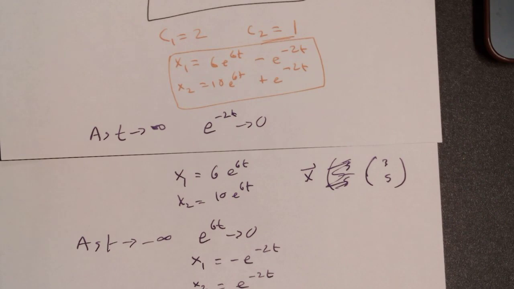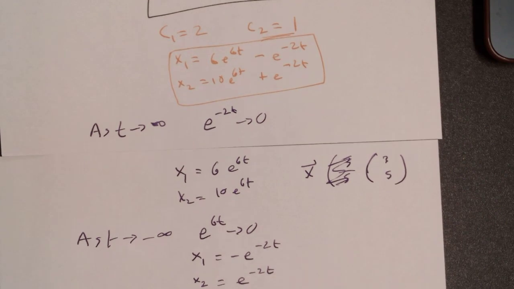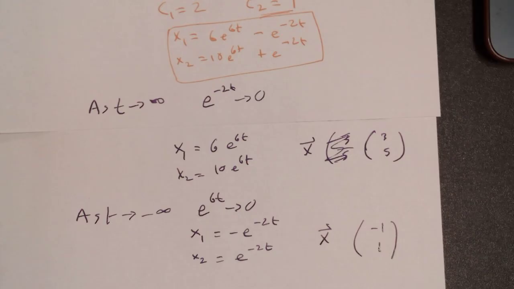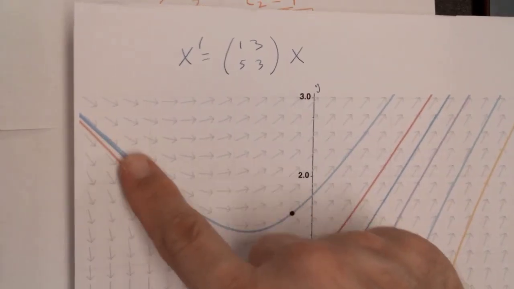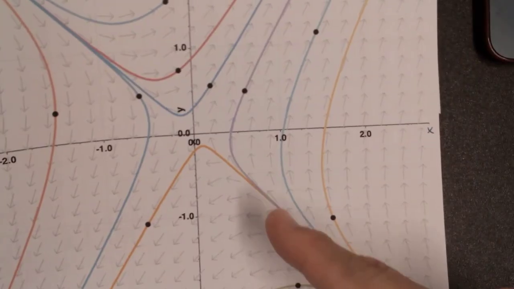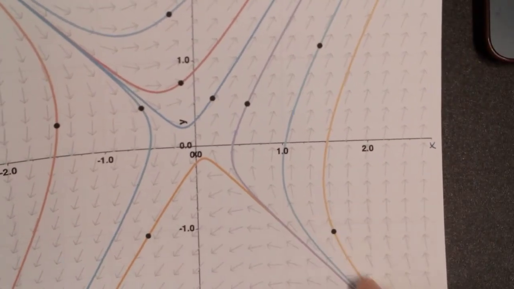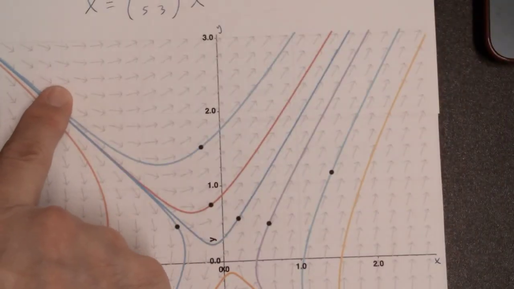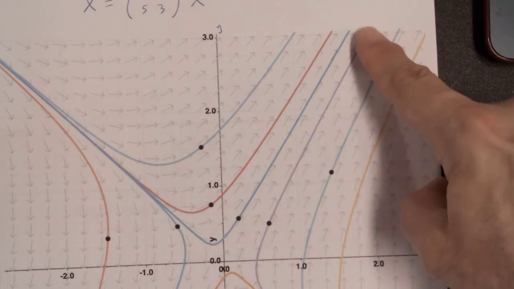Which means those are pointing in the direction -1, 1, aren't they? They all go this way. There's the line -1, 1. So my solutions are going from here to here.